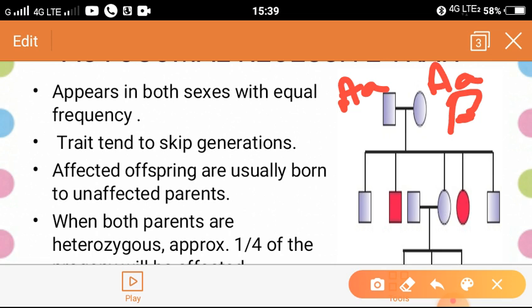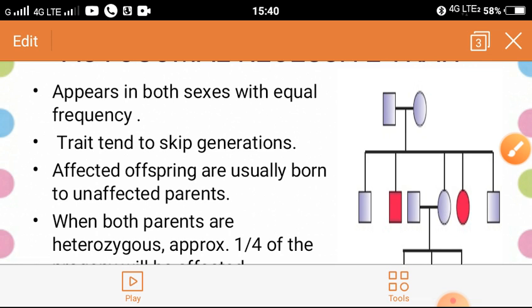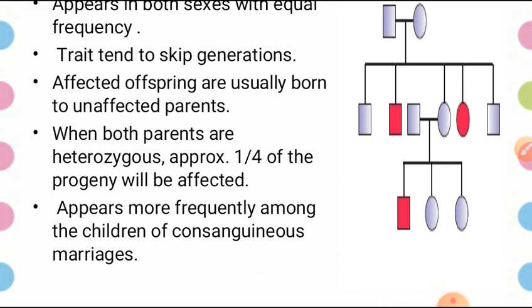Recessive gene will express itself only under which condition? Only under homozygous condition. But parents are heterozygous, so they are not affected, but their offsprings can be affected. When both the parents are heterozygous, approximately 1/4 or 25% of their progeny will be affected. That is what is called which type of disorder? Autosomal recessive type of disorder.